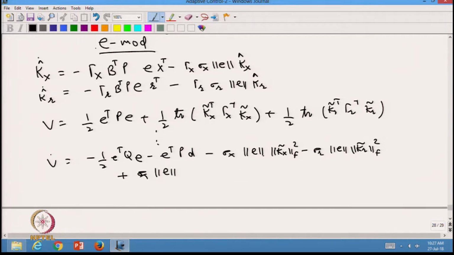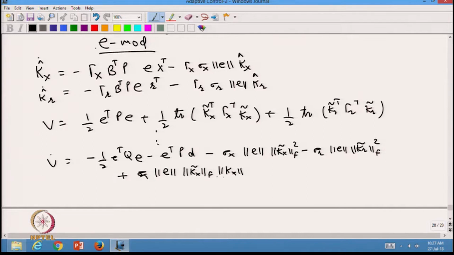This is the Euclidean norm of the tracking error vector. Okay, so then we have kx tilde f, and then we have this.